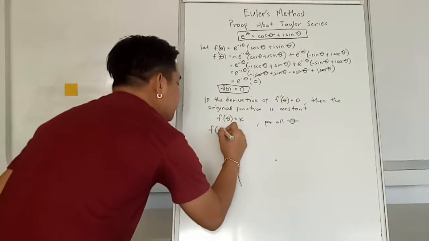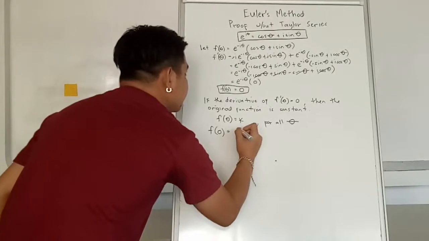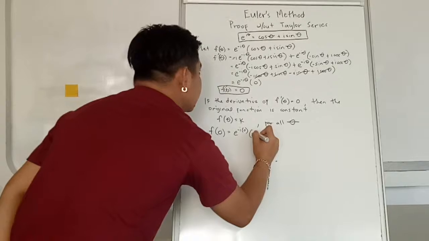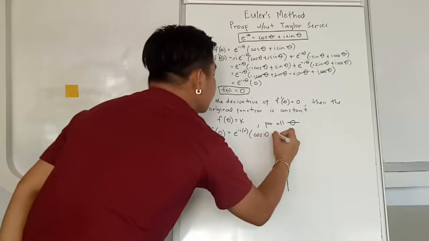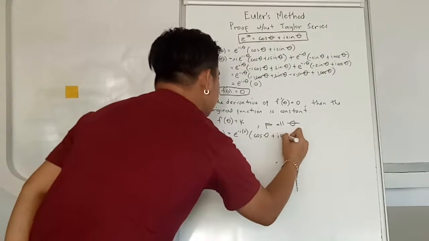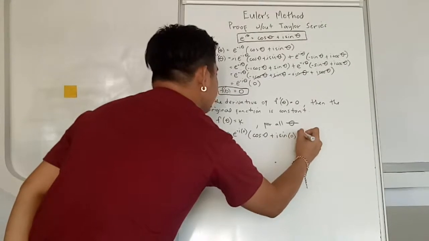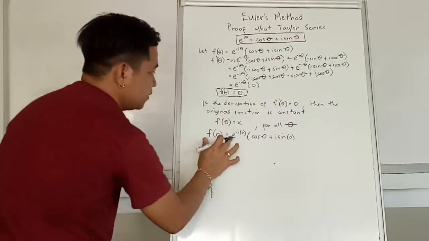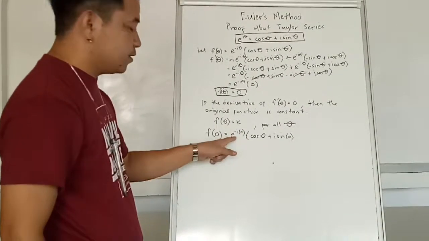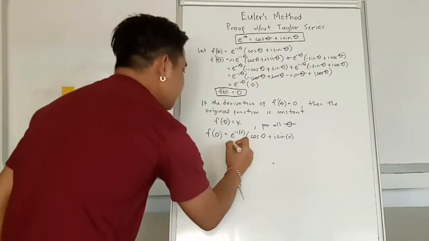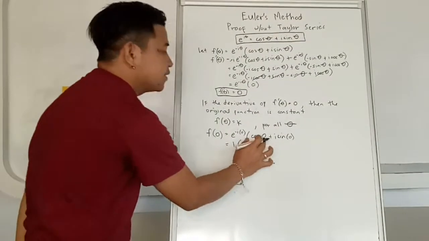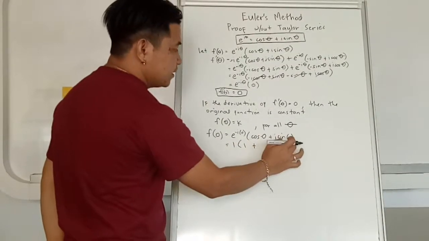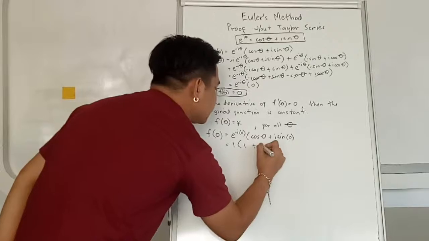So f of 0 is equal to e raised to negative I times 0 times cosine 0 plus I sine 0. So e raised to I times 0, e raised to 0, is equal to 1, and then cosine 0 is 1 plus sine 0 is 0 times I, so 0 I.